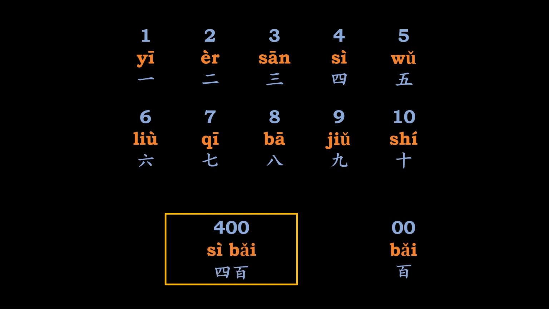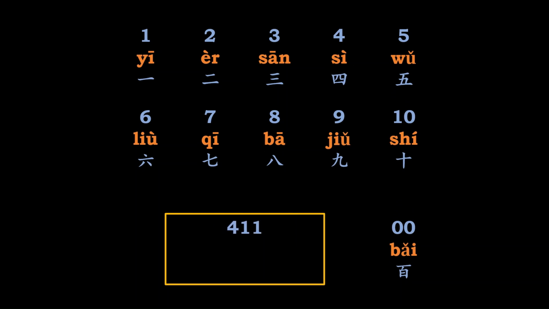How about 410? Well, here we need to explicitly state that there is one ten. So it will be 400, 四百, one ten, 一十. So 410 is 四百一十.